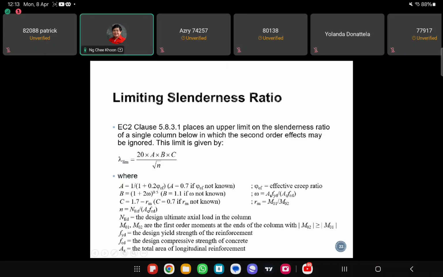If your lambda of the column is smaller than lambda limit, then it will be a short column. So for a short column, you do not need to include the second order effects, right?